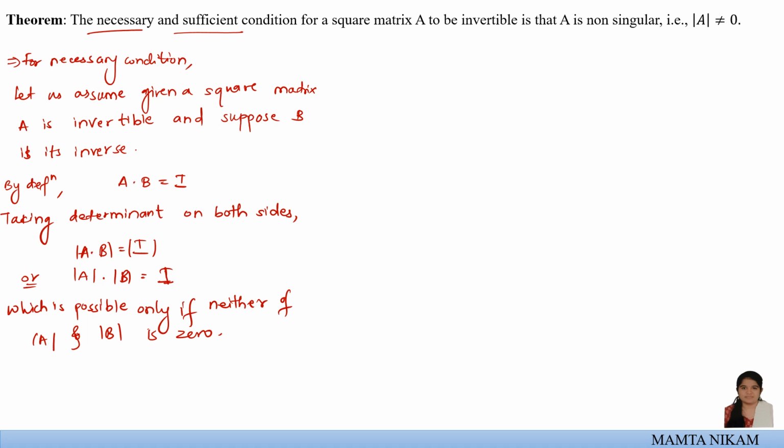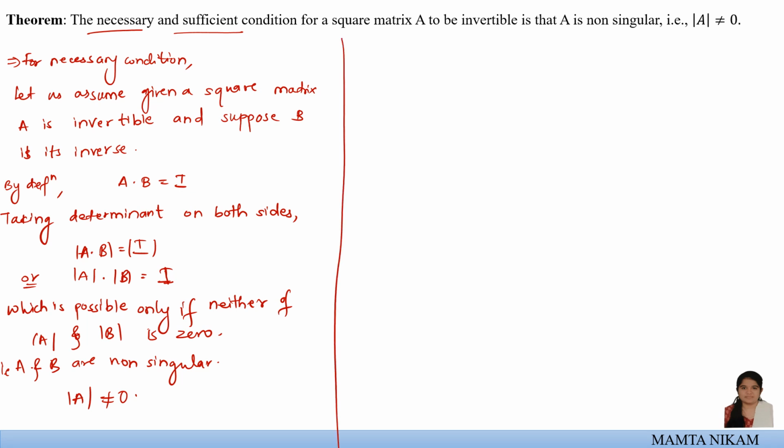Both matrices A, B are non-singular. And hence we can say that determinant of A is not equal to 0 when we have an invertible matrix. Okay, and if A is an invertible matrix, determinant of A हमेशा क्या आता है, नॉन जीरो होता है. Okay, now let's check with the sufficient condition.